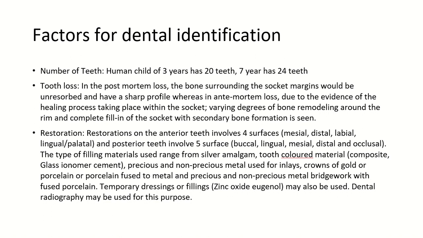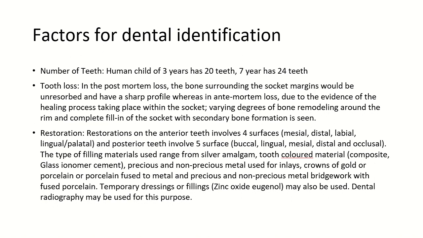Tooth loss: whether it is antemortem tooth loss or postmortem tooth loss. In antemortem loss, healing is observed in the surrounding area. This is how we can differentiate postmortem and antemortem tooth loss.